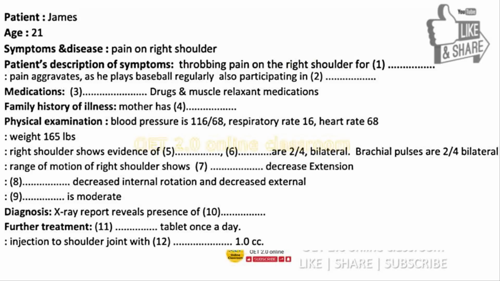I am prescribing you Vioxx 25 mg tablet once per day. I am giving you an injection to your shoulder joint with Celestone Solispan 1.0 cc. If the condition is not improved within 15 days, then I would order an arthroscopic tendon repair in which a tiny arthroscope and tools are inserted through small incisions to reattach the torn tendon to the bone.